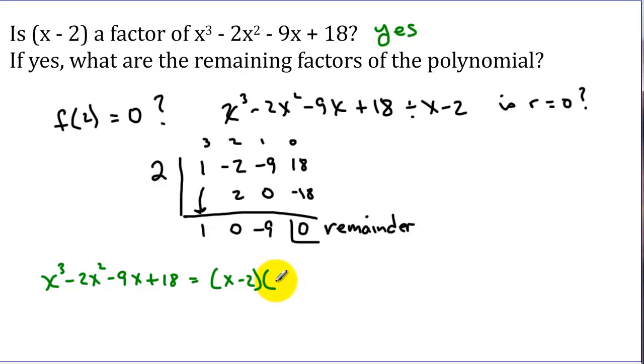And what would be left over would be this. Since this was x cubed, this is x squared minus 9. And now that is a quadratic, and we know how to factor quadratics, so that factors into x minus 2 and x plus 3 and x minus 3.